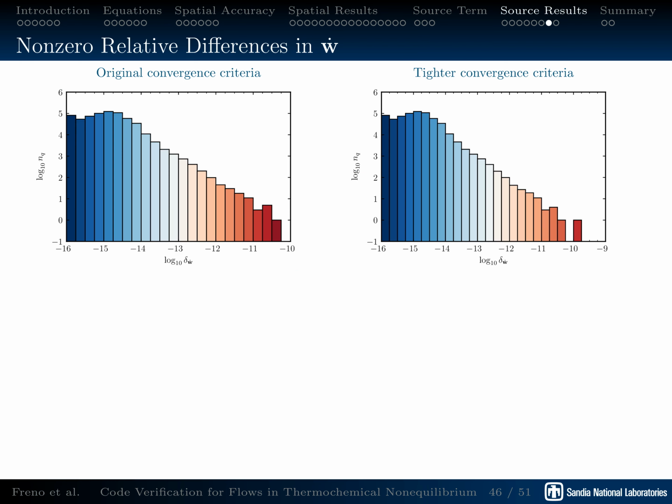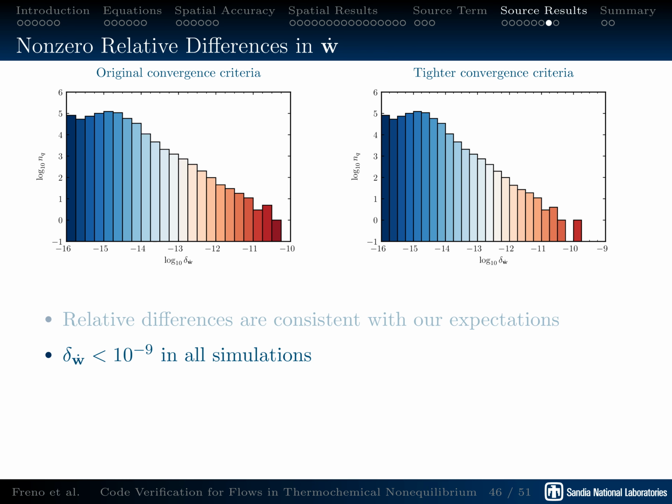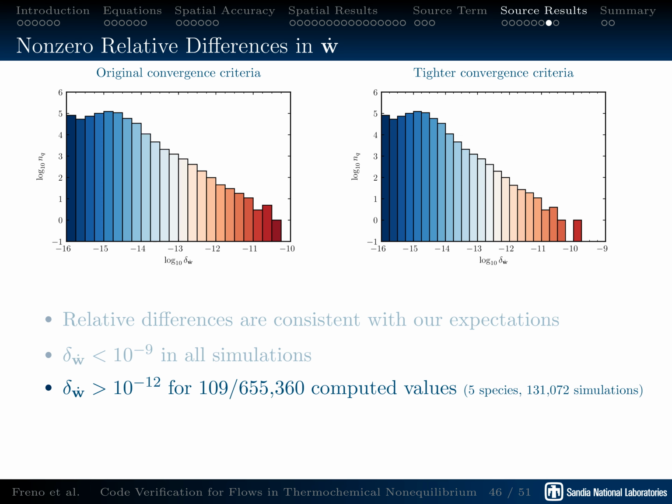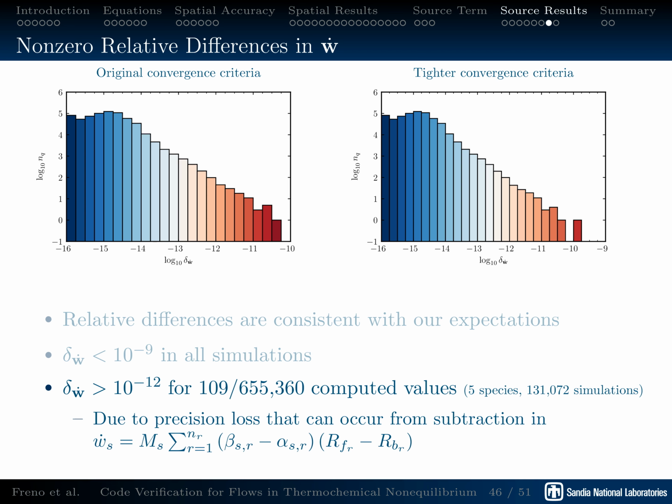Regarding the mass production rates, the before and after cases are very similar. Both are consistent with our expectations. The relative differences are less than 10 to the negative 9 for all simulations. And of the more than 600,000 computed values, only 109 have relative differences greater than 10 to the negative 12. This is due to the precision loss that can occur from the subtraction in the mass production calculation.